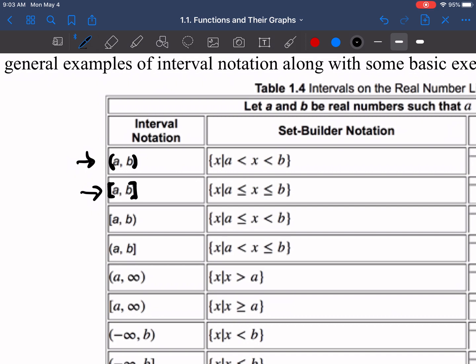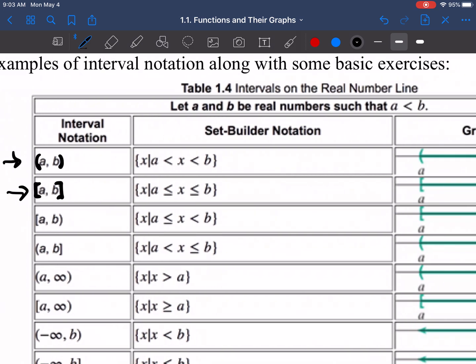So in the first one, with the parentheses, A and B would not be included as possible values. It would be just between A and B. And in the second one, A and B would both be possible values.